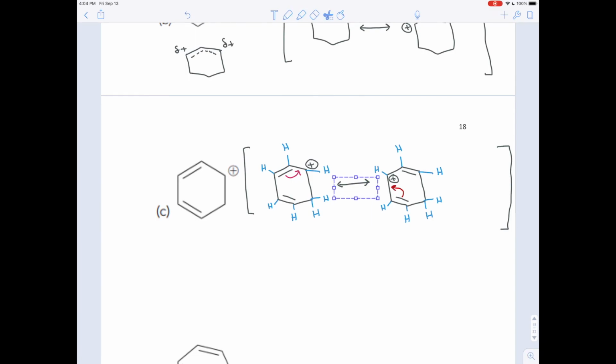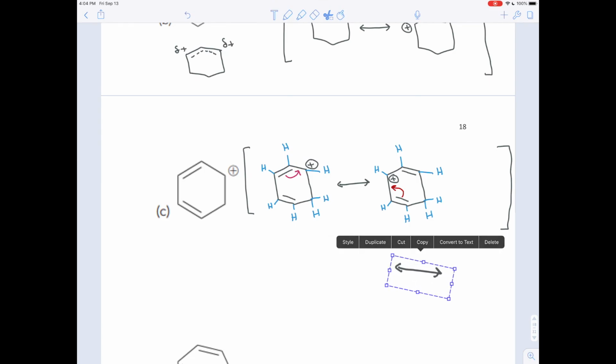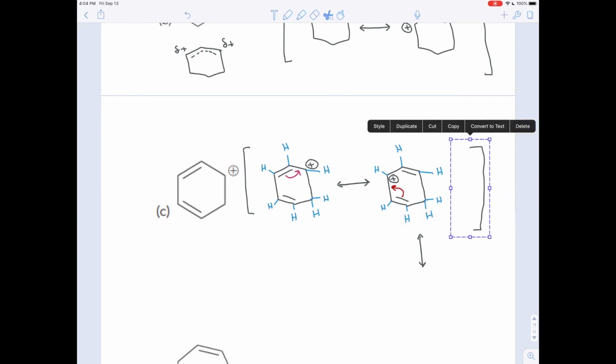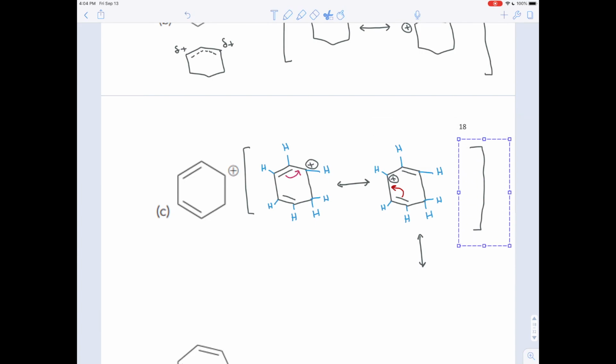Now if you run out of space, you can definitely start drawing these vertically, just however you need to fit them in. Normally the best practice would be to draw them left to right, but again, if you run out of space, not a big deal. So you would just want to make sure the brackets include everything.